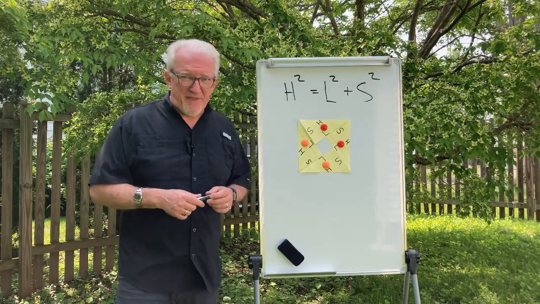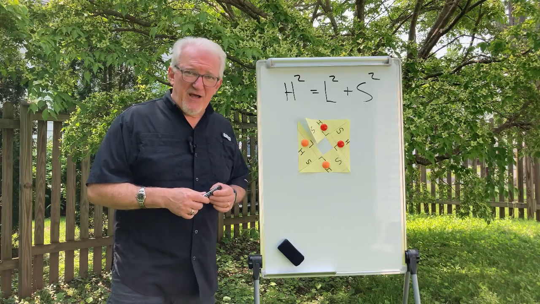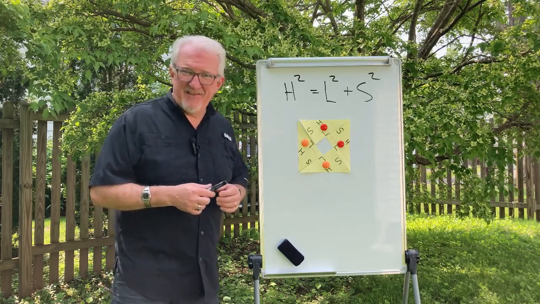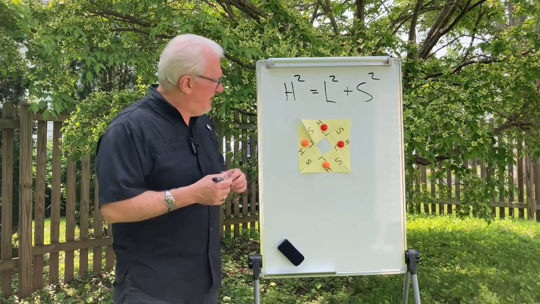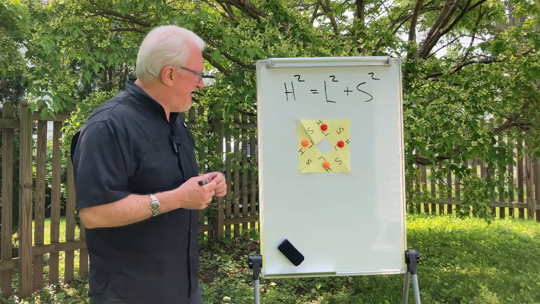Another clever proof of the Pythagorean theorem also uses four congruent copies of the same triangle with side lengths s, L, and hypotenuse h, except we arrange them in this manner this time.